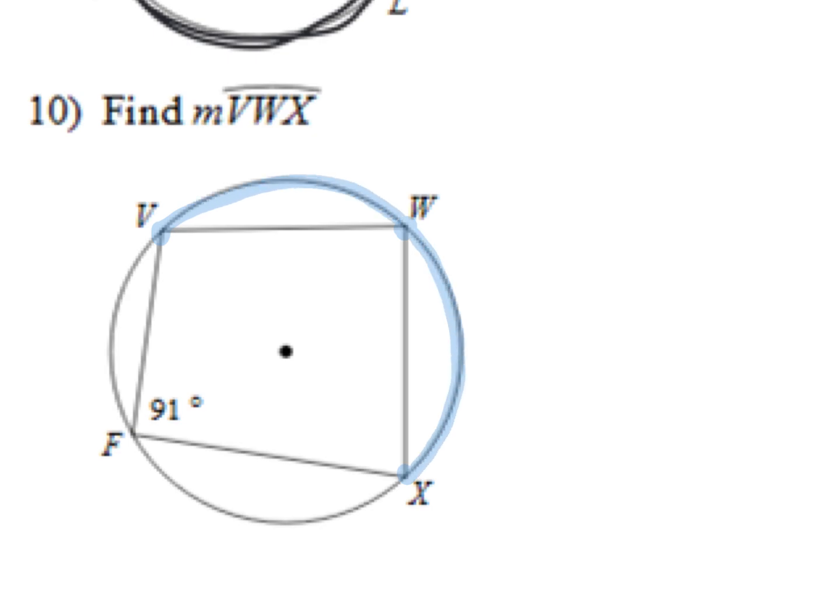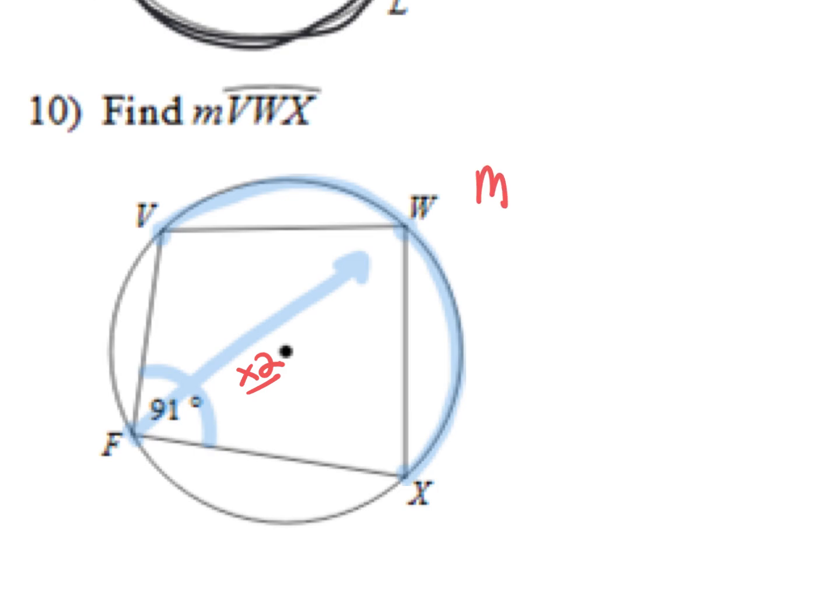We can see an inscribed angle in here, and it's 91. Going from the inscribed angle to the arc, we're going to multiply it by 2. That's going to be easy. We multiply it by 2, so times 2. Therefore, we can now answer the question in here.